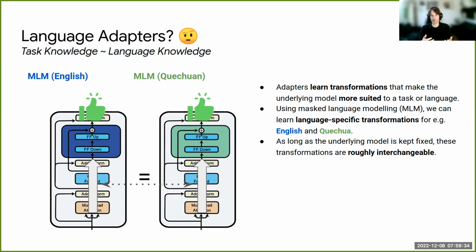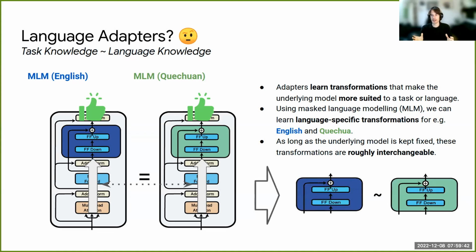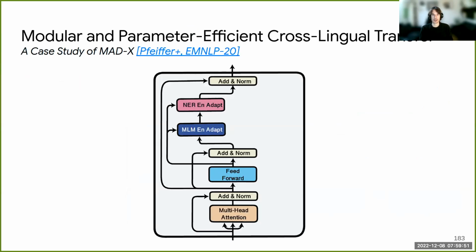So for example, what we often do is just train on the full Wikipedia of the language. This is a pretty strong assumption, but let's just assume that it holds in practice more or less. So this enables replacing one language adapter with another language adapter within the whole structure of the big model. Okay, so this is a pretty important assumption.